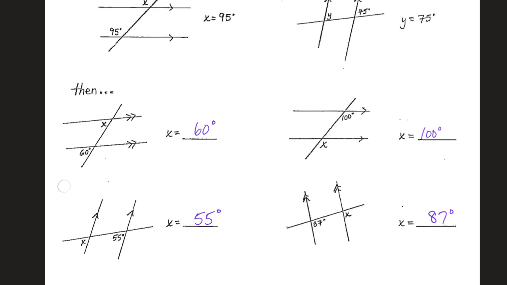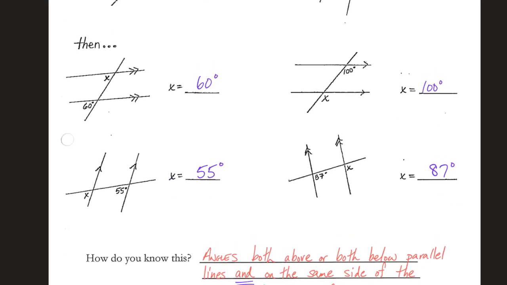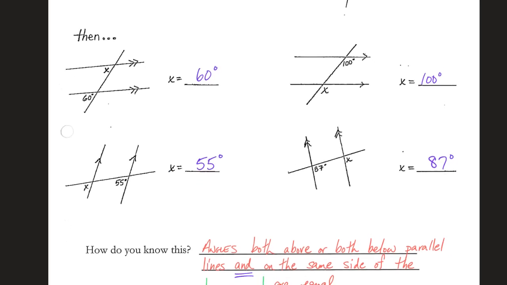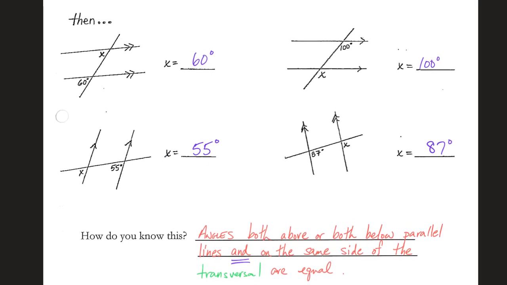Okay, how do we know that? Well, I want to draw to your attention first the definition. So I'm going to slide that up, and we should be able to see just the definition on the bottom of your screen. What do we have in all four of those diagrams?